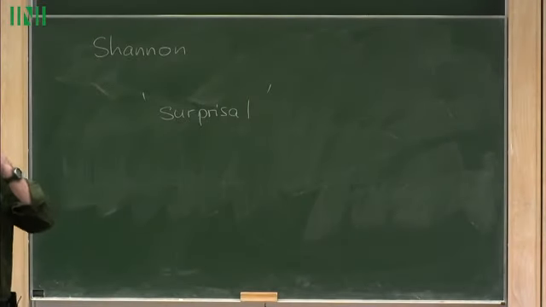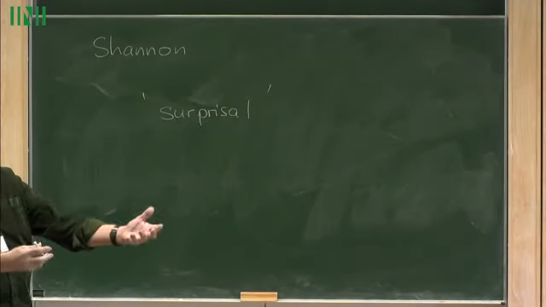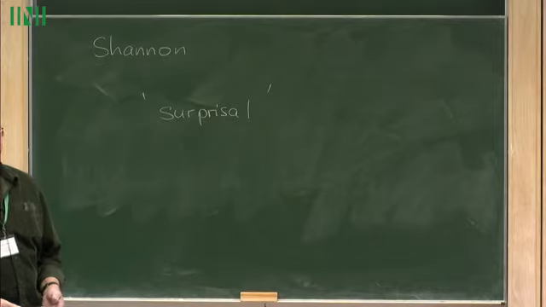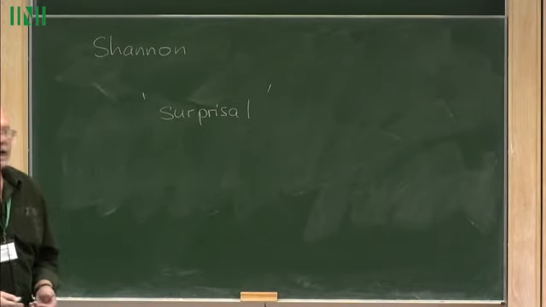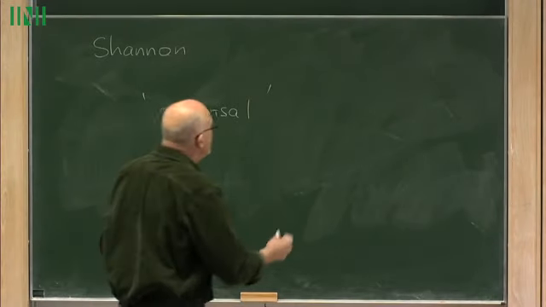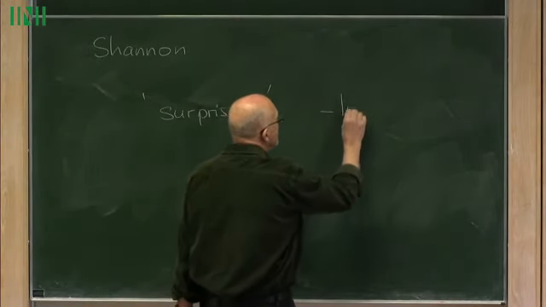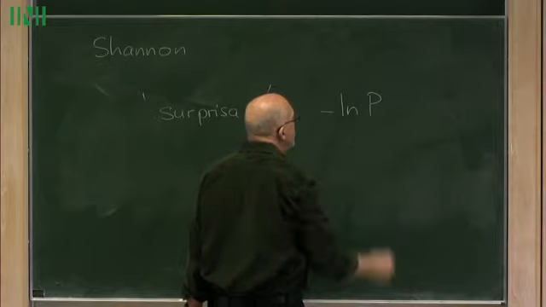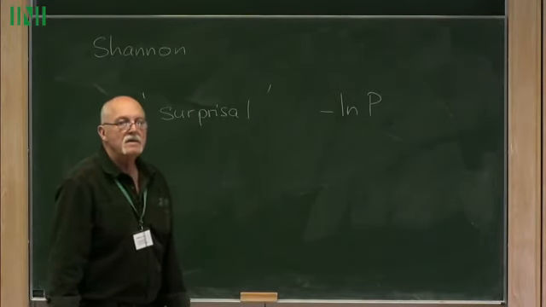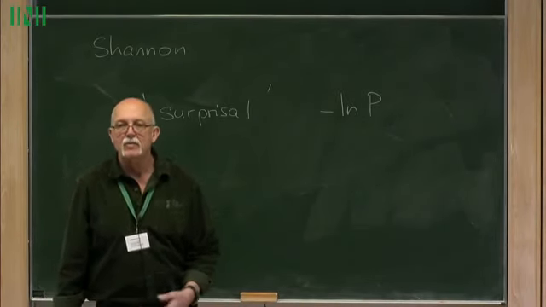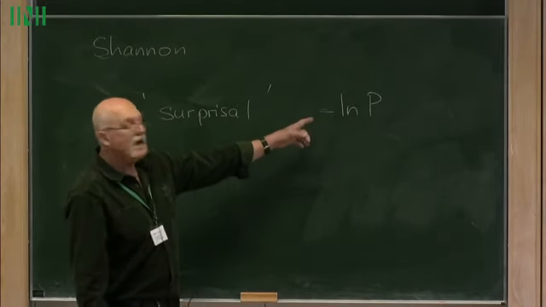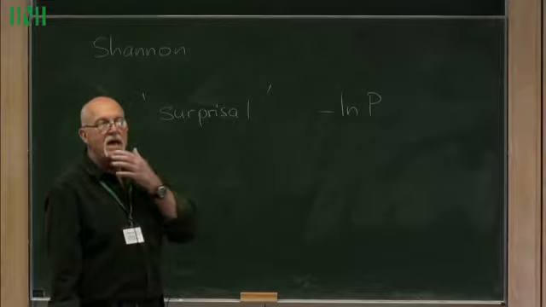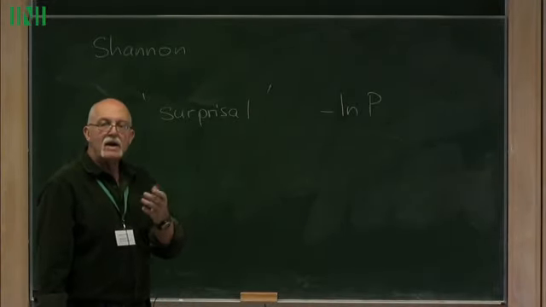And a surprisal is just the amount of surprise you have when you encounter some data or some observation. A surprisal is just minus the natural logarithm of p. So you have some event with probability p, and if you see that, this is how surprised you are, according to Shannon. And if you think about it, this is pretty good, right?